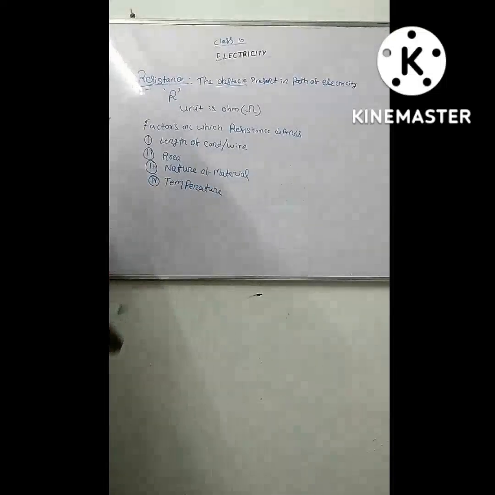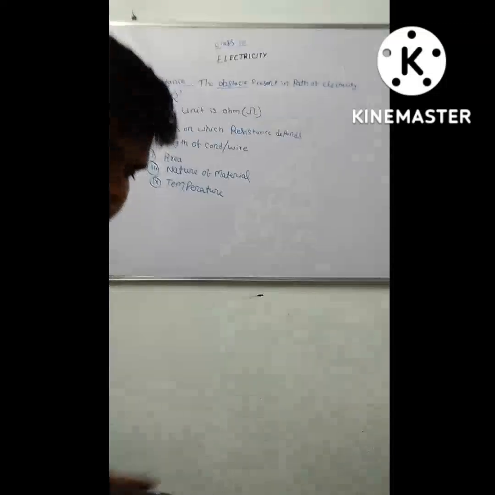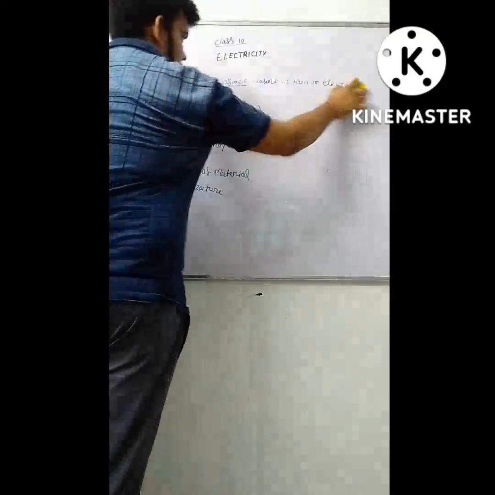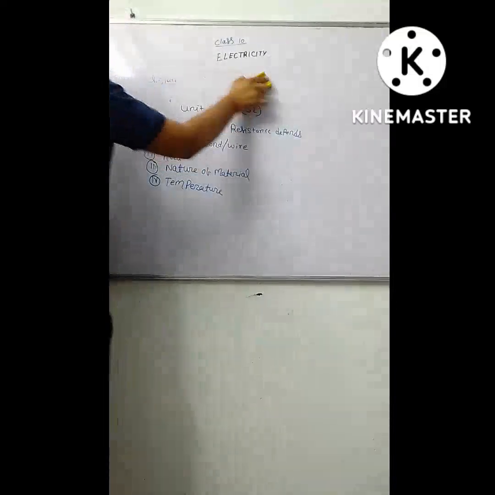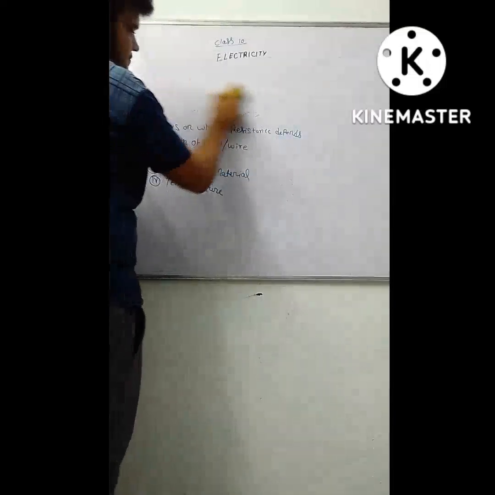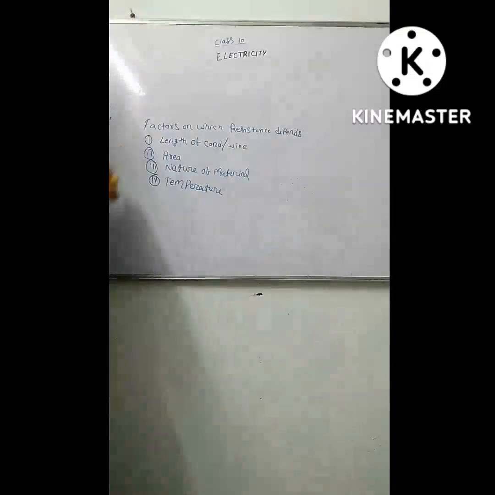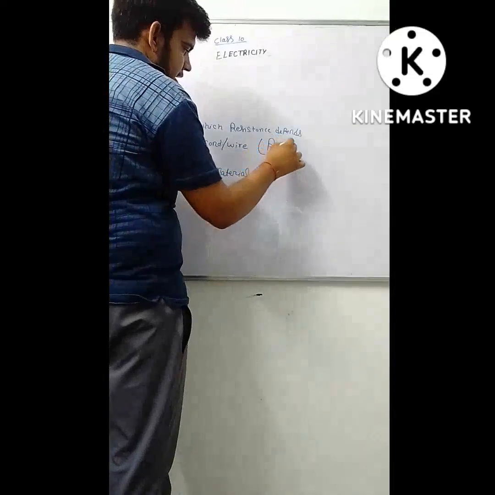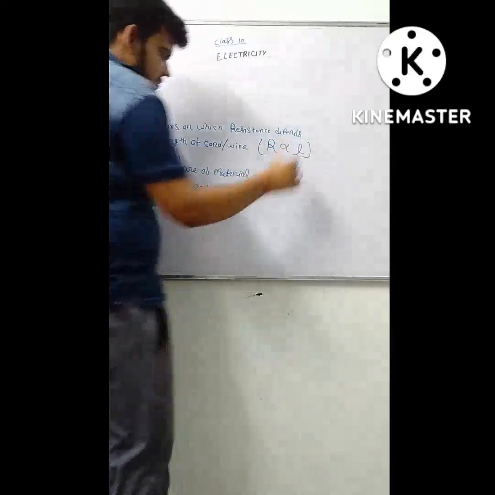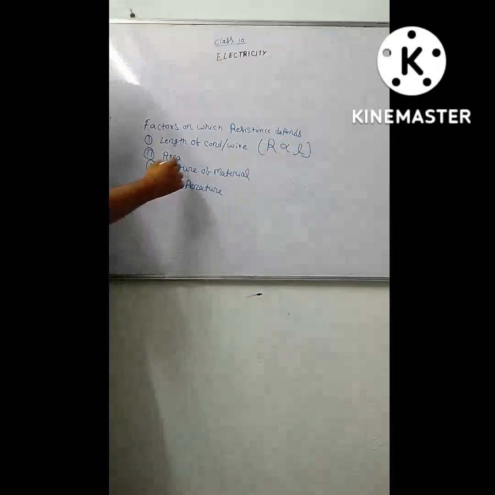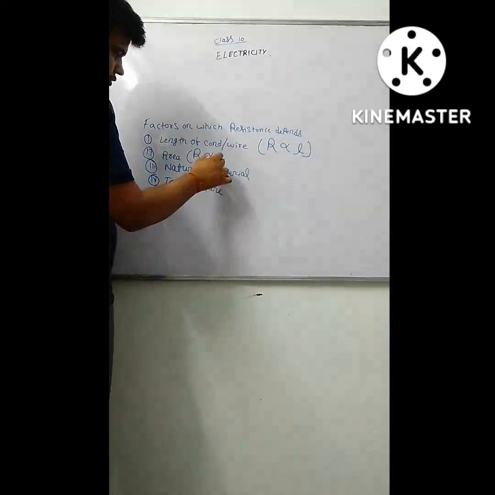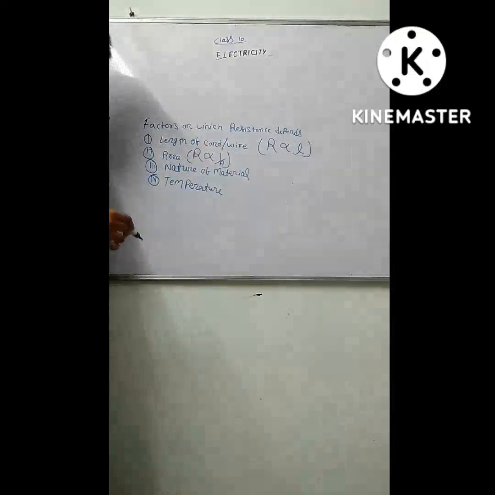Now we are seeing how it depends on the length of the conductor or wire. Resistance is directly proportional to the length of the conductor and it is also inversely proportional to area.